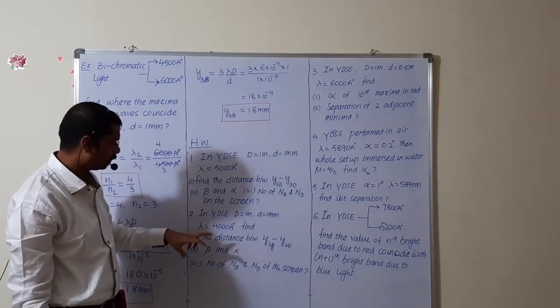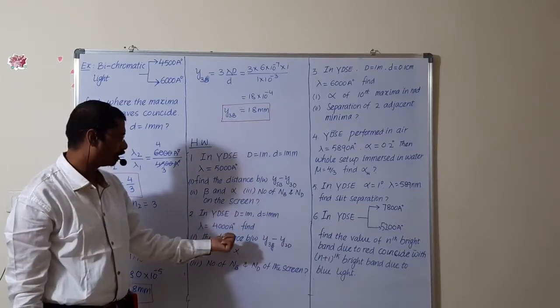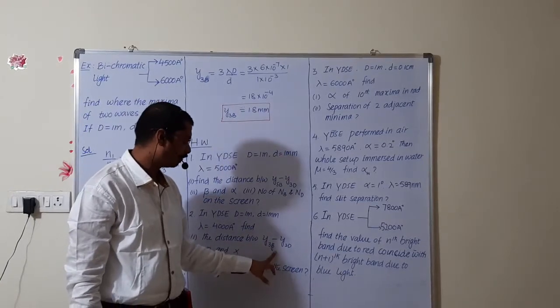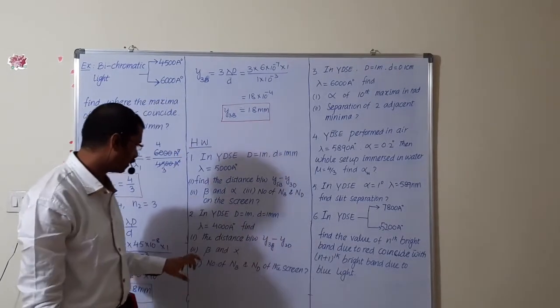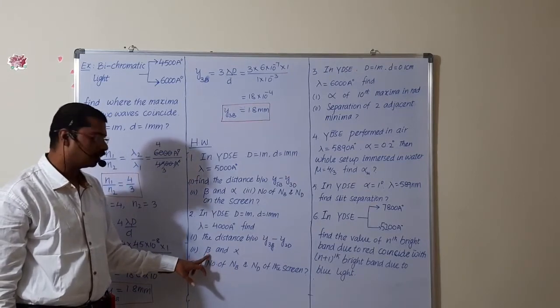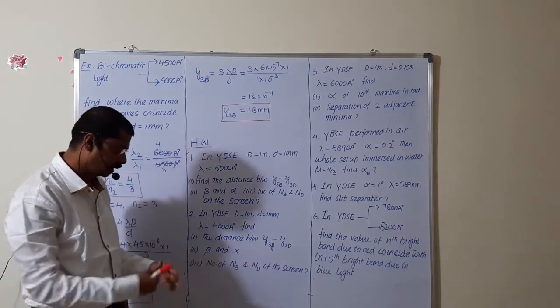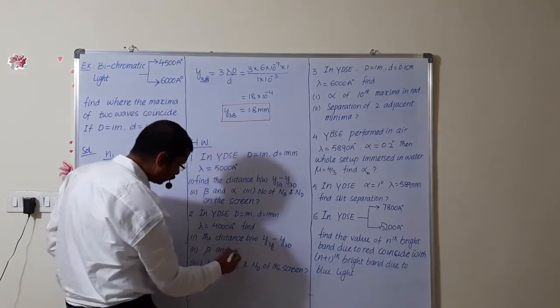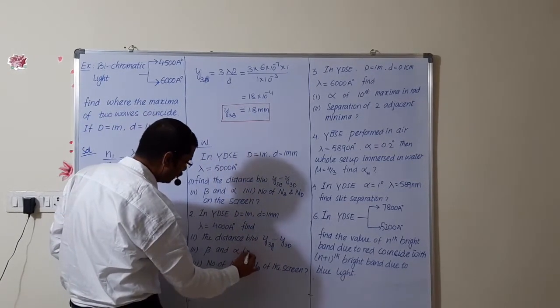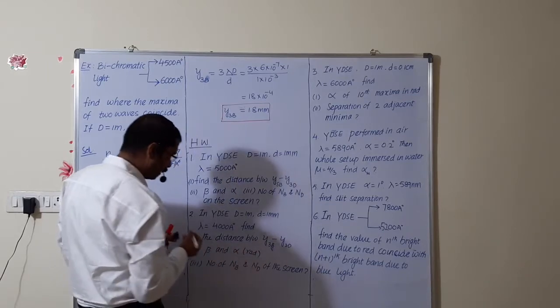With the same pattern, the value 4000 angstroms is given. Find the fifth bright fringe, third bright fringe, and the second dark fringe. Here beta, again we have to find the linear fringe width and angular fringe width, in terms of radian.